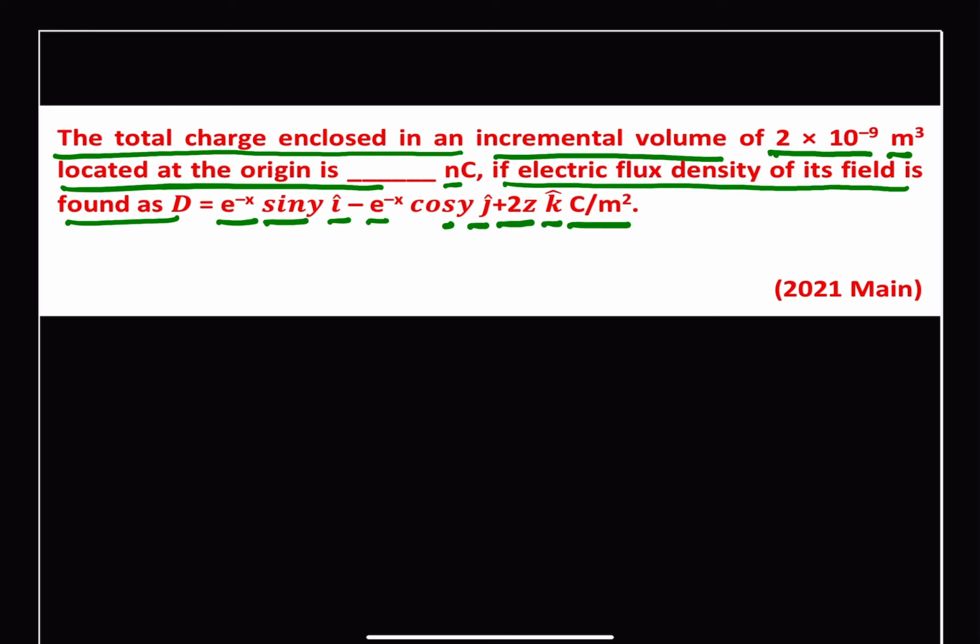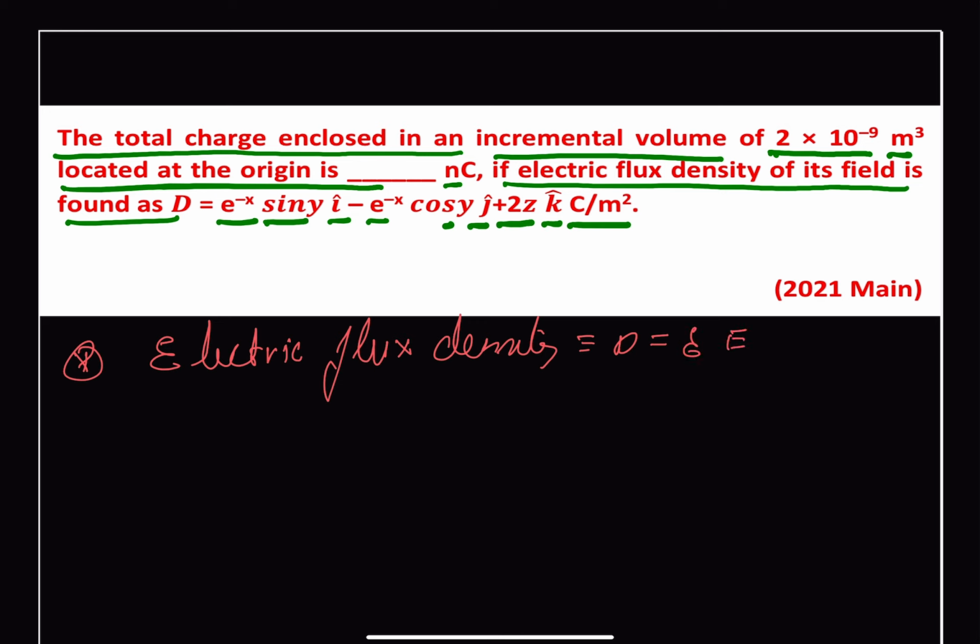So we are given that electric flux density is given. So we can use the formula between the electric field and electric flux density. So we know that electric flux density, that is our D, is equal to epsilon naught times our electric field.